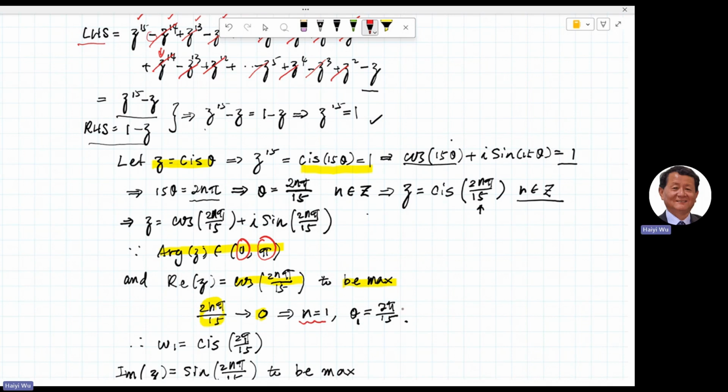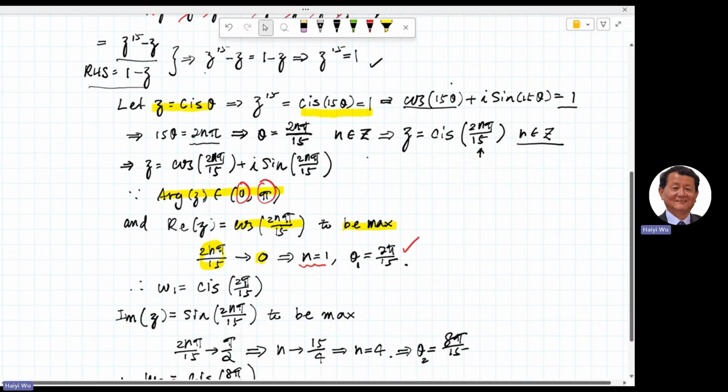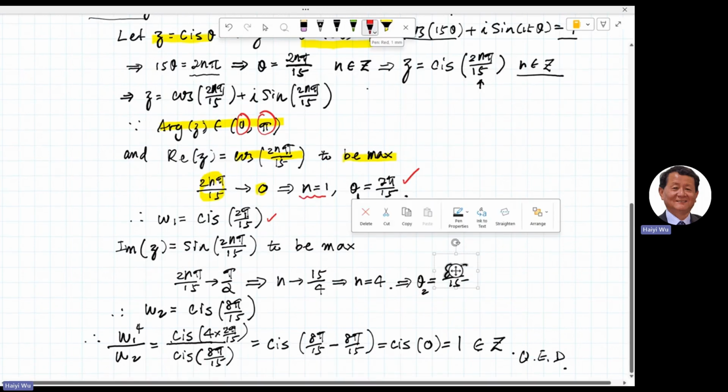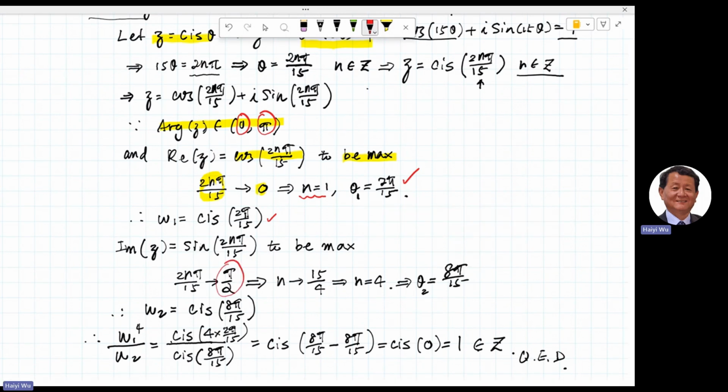So for the cosine to be maximum, we choose the argument 2 pi over 15. So the solution for W1 is cis 2 pi over 15. Now, for the imaginary part of Z, which is sine 2n pi divided by 15, to be maximum, the argument must be close to pi over 2 but not equal.